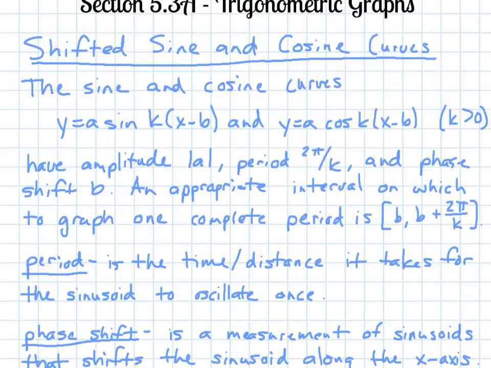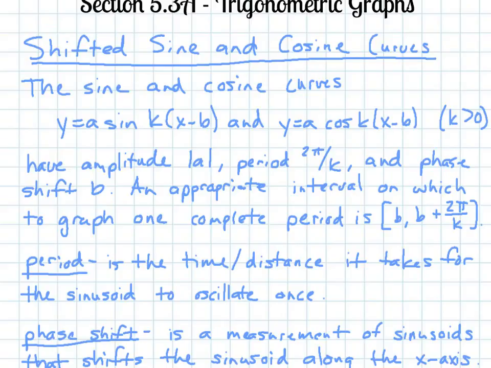Okay, so in the last video we talked about amplitude, so that's the stretching or shrinking of your sine graph vertically. And then vertical shift is the moving or translation up and down of your sine and cosine graphs.